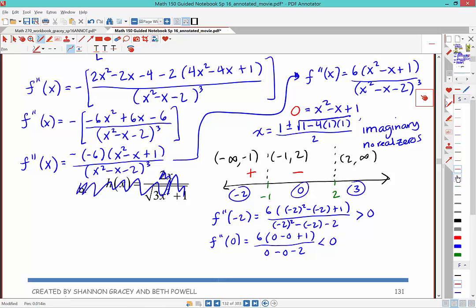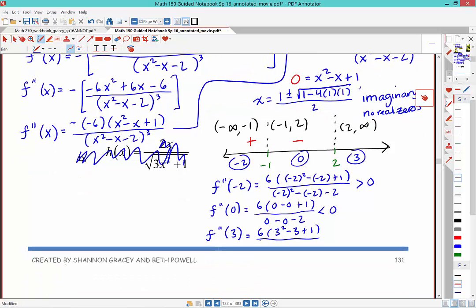And then f double prime at 3 will be 6 times 3 squared minus 3 plus 1 over 3 squared minus 3 minus 2, which will be positive.